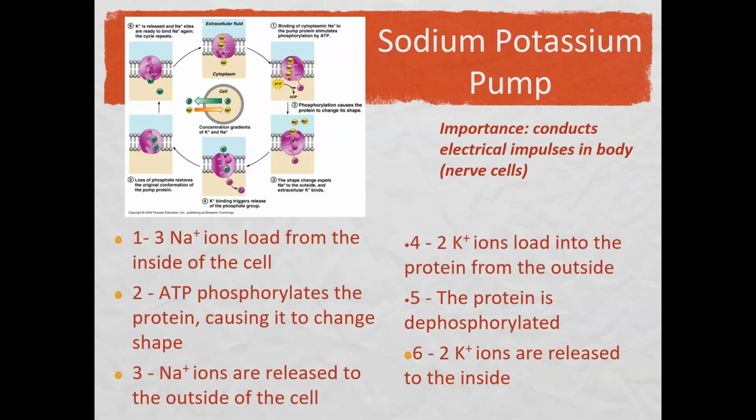Now, one of the biggest, most important active transport pumps in your cells is your sodium potassium pump. And this one is incredibly important in things like your nerve cells, because what this is going to do is allow me to set up charges that are different inside my cell membrane versus outside. So I set up what we talk about as an electrical impulse, or electrical differential.